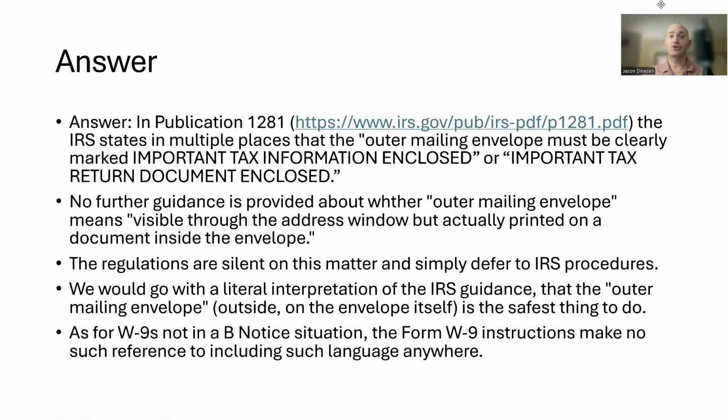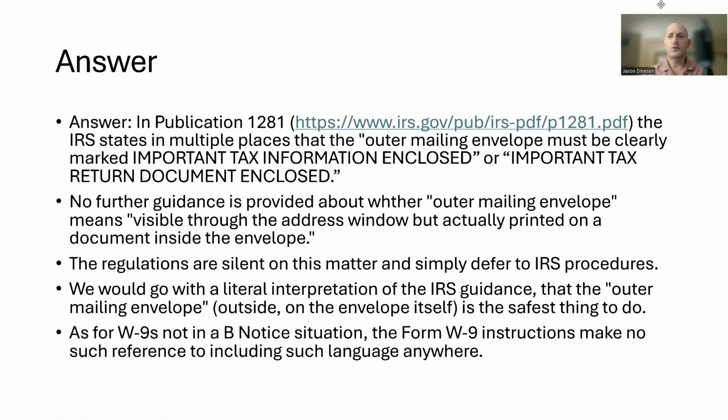Well, Publication 1281 says what it says. And the exact quote in Publication 1281 is, the outer mailing envelope must be clearly marked important tax information enclosed or important tax return document enclosed. Notice it says outer mailing envelope.